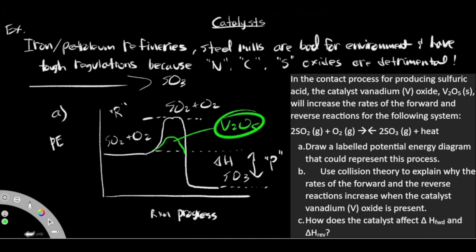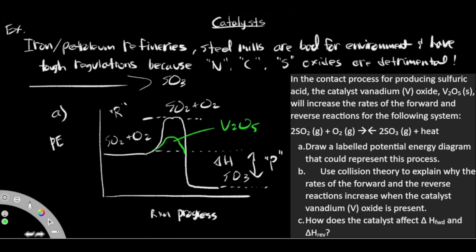It's this V2O5 that allows this reaction to proceed and not have to hit a high activated complex here, but a lower one here, because it has the binding sites for these reactants to get on and therefore allow the reaction to progress a lot more efficiently, a lot faster, where a smaller amount of sufficient energy needs to cross this barrier here. This would be your catalyst involved, your V2O5.